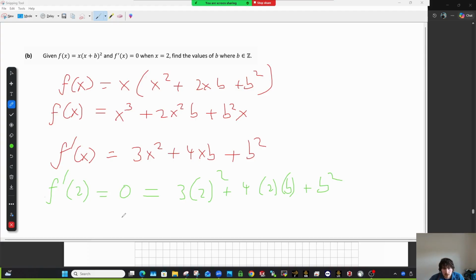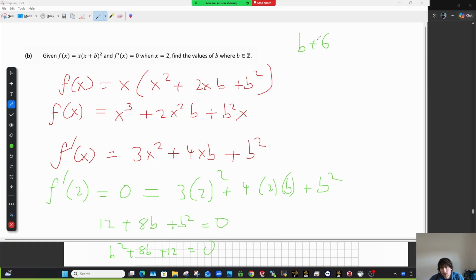And so what we get is 12 plus 8b plus b squared equals 0. I've switched the sides a bit here. Then you can factorize that. Obviously you rewrite it as b squared plus 8b plus 12 equals 0 before you go factorizing it. Well, that's a bit of an annoying thing to factorize, is it? Factors of 12. Oh, 6 and 2. 6 and 2, we're all right.